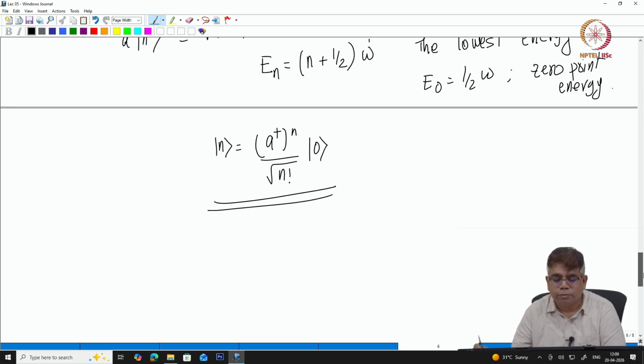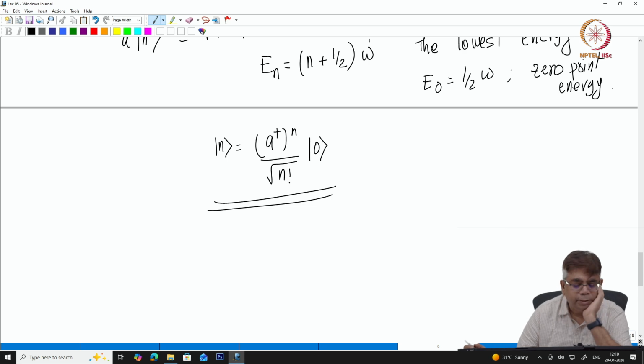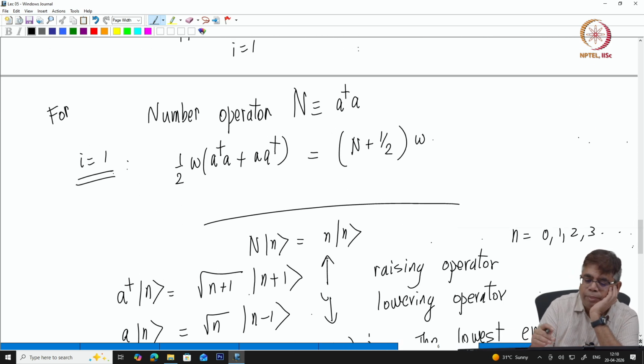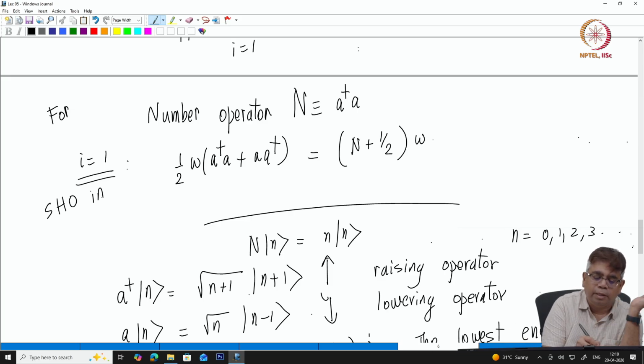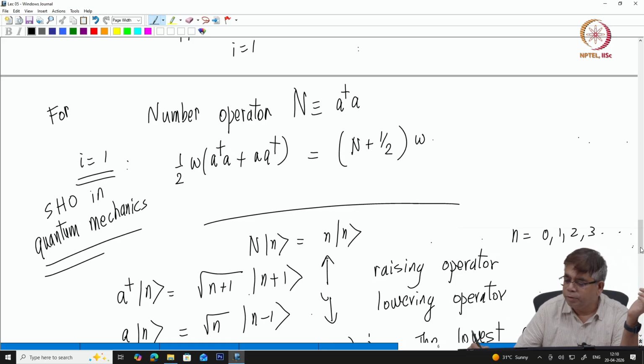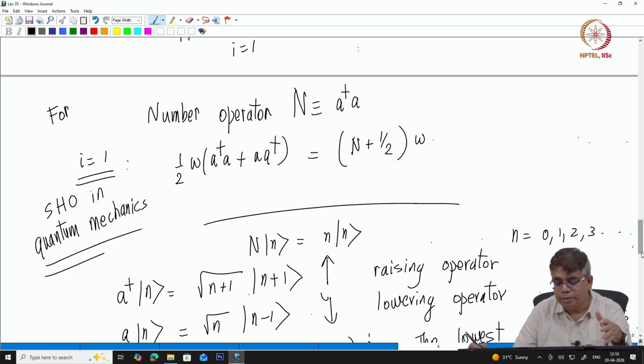Now, what happens if you have the same system? This is for i equal to 1, the simple harmonic oscillator in quantum mechanics, which we have done already. When we discretized k, we have a large number of these harmonic oscillators, one for each k: k equal to 1, k equal to 2.